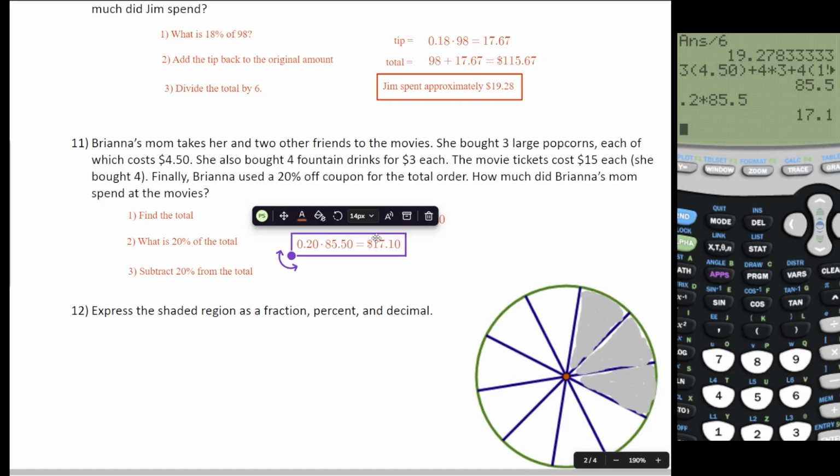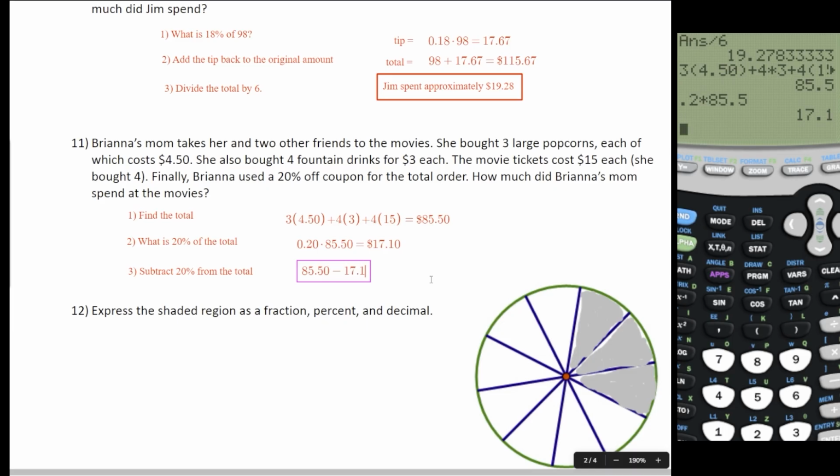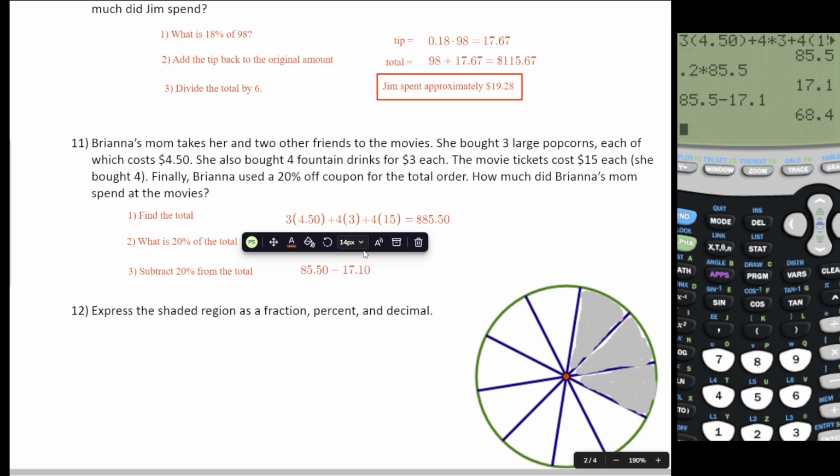That's 20% off the original amount. So to actually find the total amount here, we're going to subtract that 17.10 from the 85.50. This is going to give us the amount that Brianna's mom actually spent, which is $68.40.